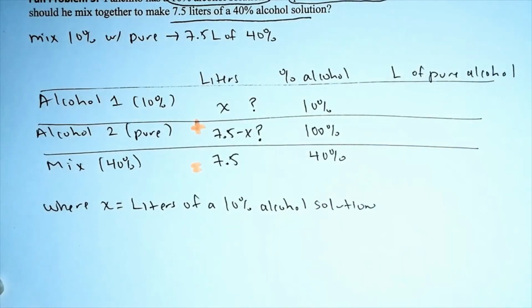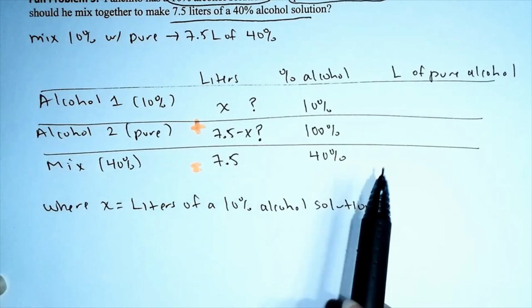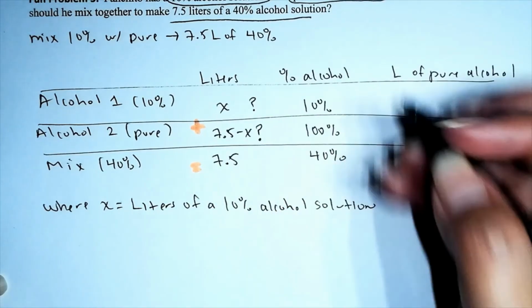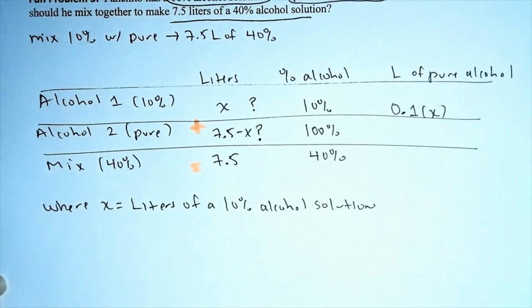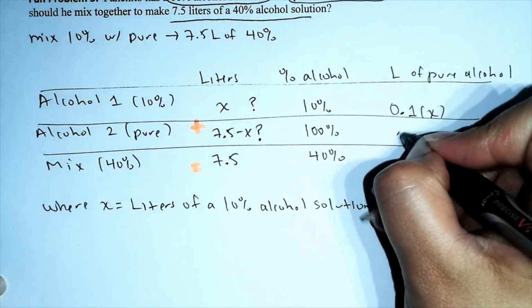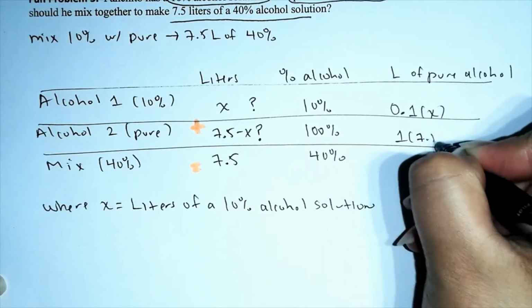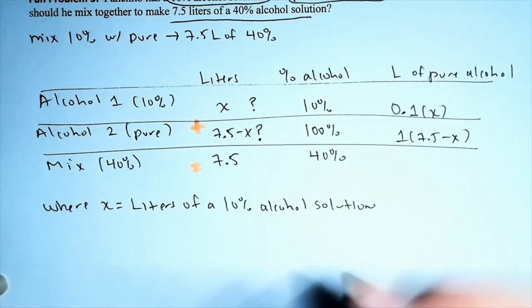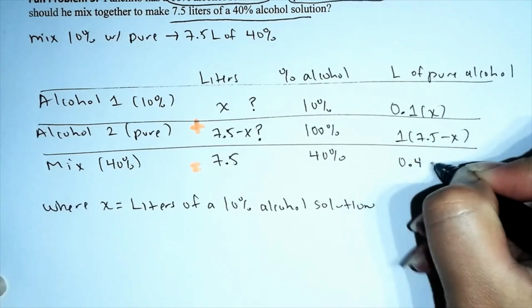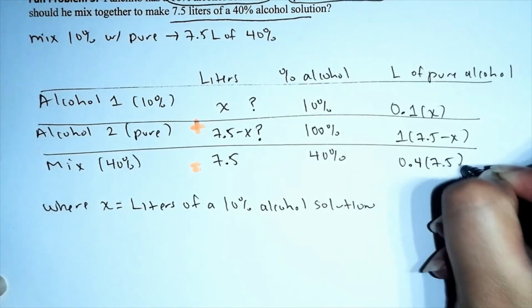Fantastic. Let's go ahead and complete this table. How much pure alcohol do we have in each one? The first one is 10% alcohol, so it's 10% times X liters. The next one is 100% alcohol, so it'll be 1 times 7.5 minus X. And the final one is 40% alcohol, so it's going to be 0.4 times 7.5 liters.